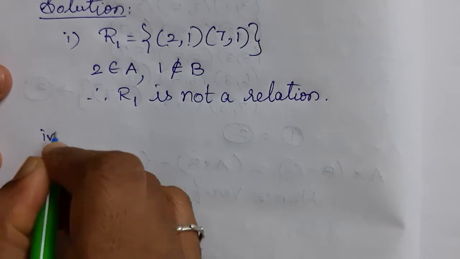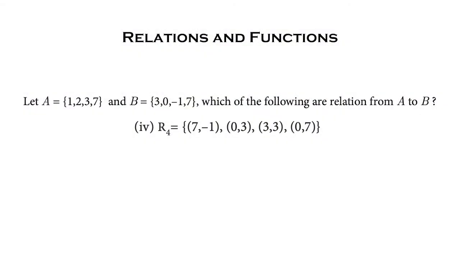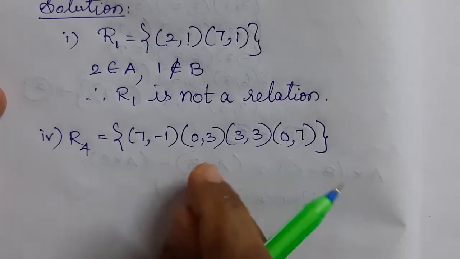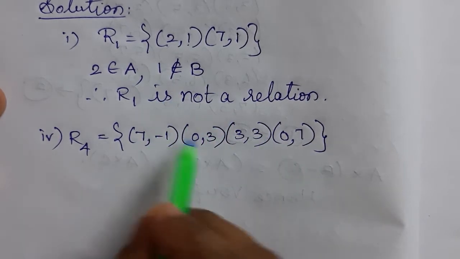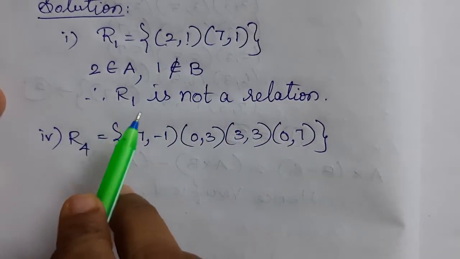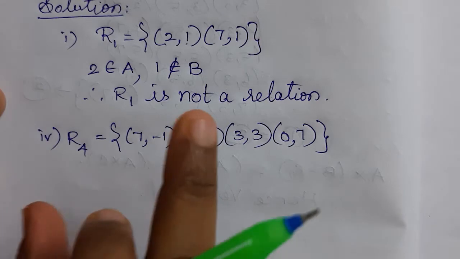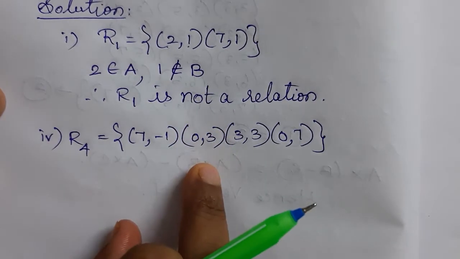I'll take the fourth one. The fourth one is R4 equal to (7, minus 1), (0, 3), (3, 3), (0, 7). You have to check whether this is a relation or not. As I told you, it is written in terms of ordered pairs where the first element belongs to set A and the second element belongs to set B. Now we have to check whether they belong, and if they belong, it is a relation.